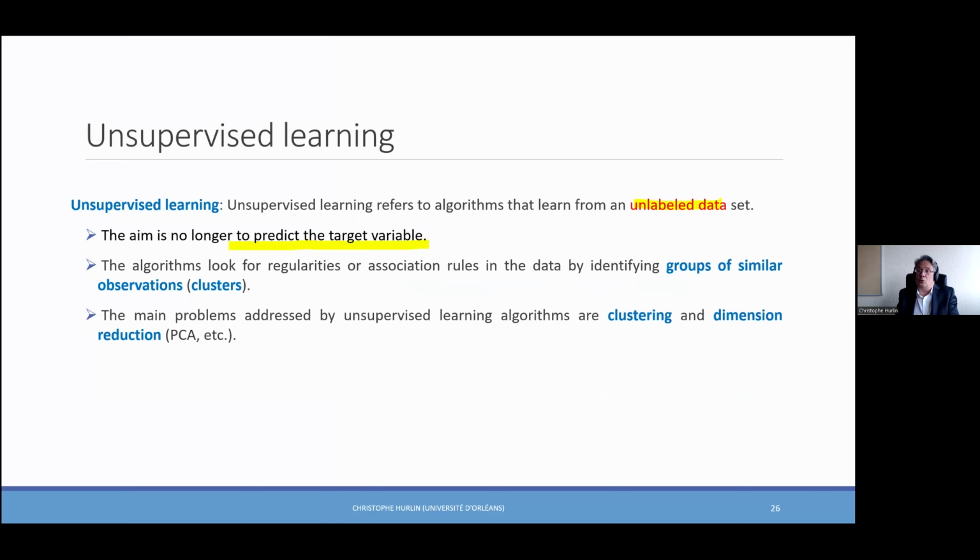You don't observe Y, so the question is not to predict Y. In general, unsupervised learning algorithms look for regularities or association rules in the data to identify groups of similar observations, for instance some clusters. The main problems addressed by unsupervised learning are clustering and dimension reduction, for instance the famous PCA method.